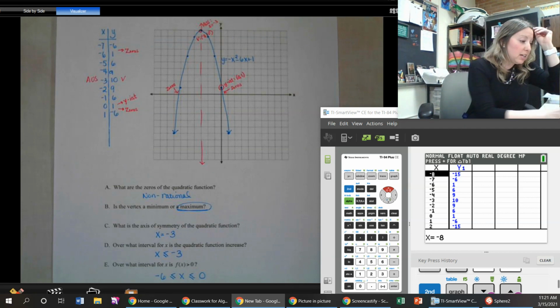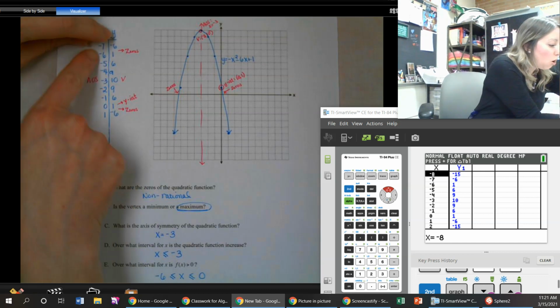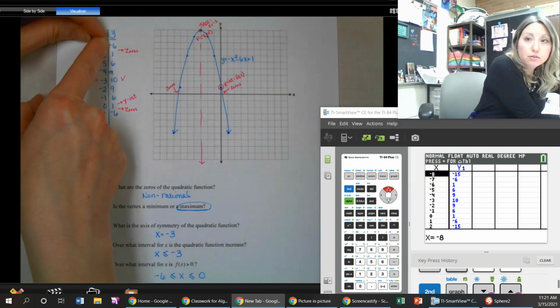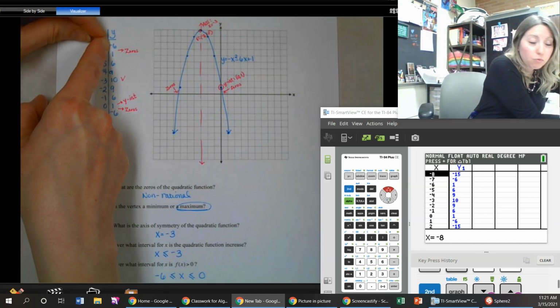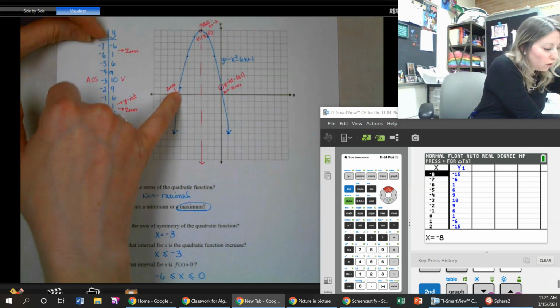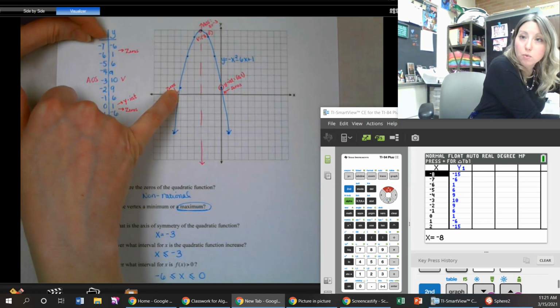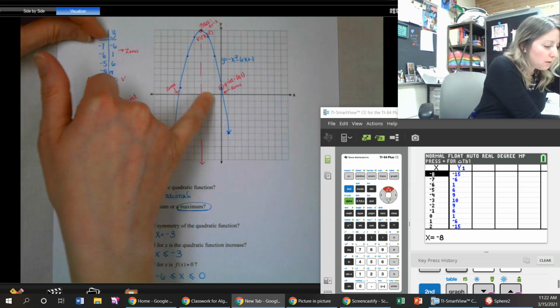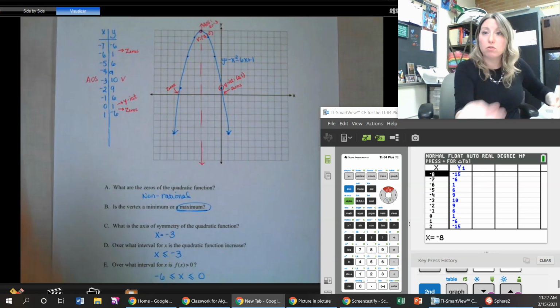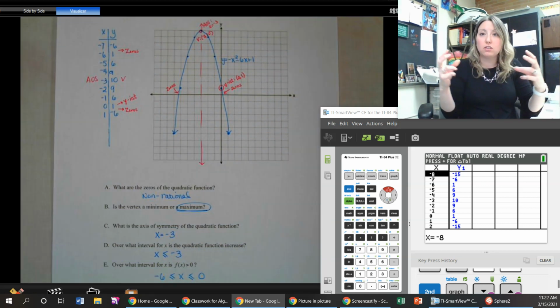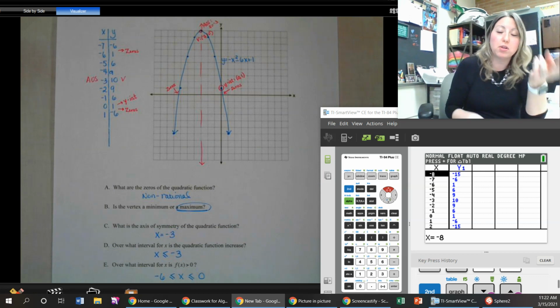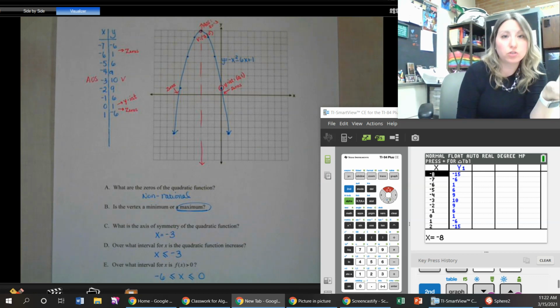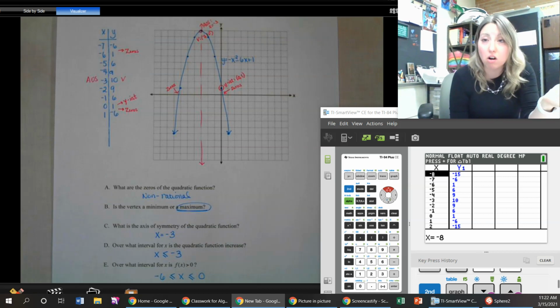We do go from a negative y value to a positive y value right in between here, we just don't know what that value is. And same over here. So we can't directly identify the zeros without plugging into the quadratic formula or solving by completing the square. The rest all holds up.